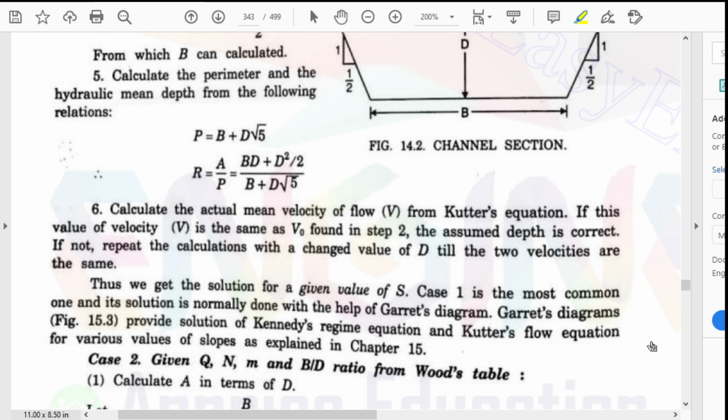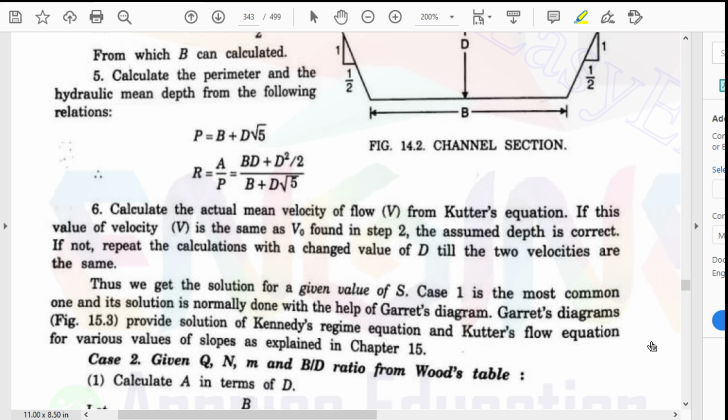Equation is C equals (23 plus 1 by n plus 0.00155 by S) divided by (1 plus (23 plus 0.00155 by S) times n divided by root R).